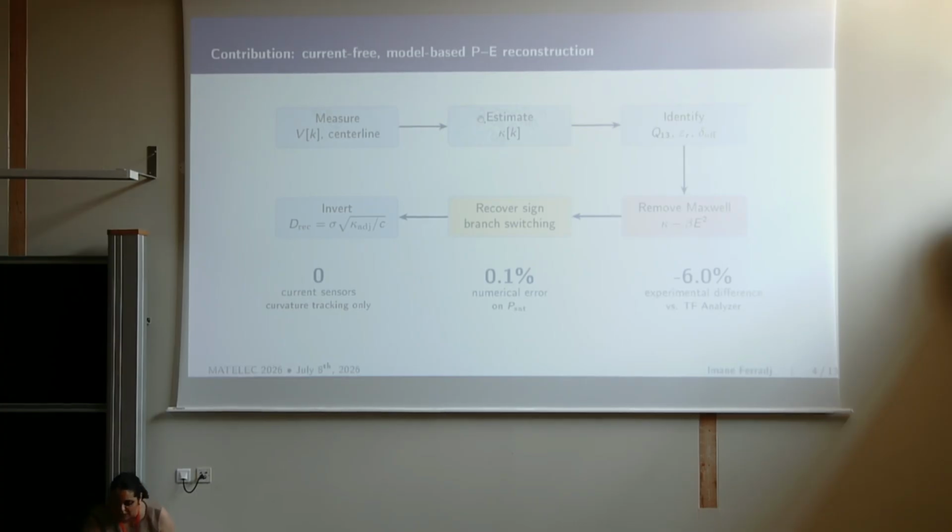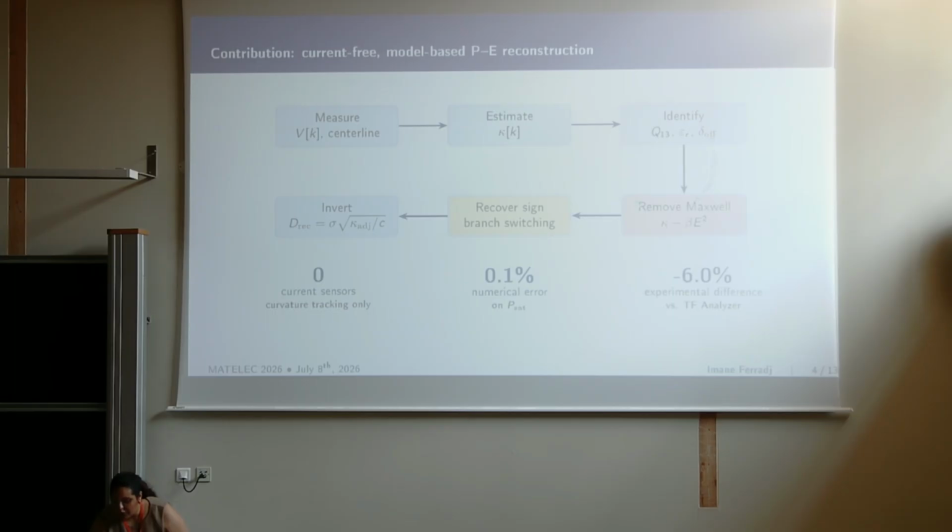So it's estimating the curvature, and then identifying some parameters that are part of the model, which are the electrostrictive coefficients and the relative permittivity, which is another model constant, and some, I will call this a small gap to guarantee that the loop is symmetric.